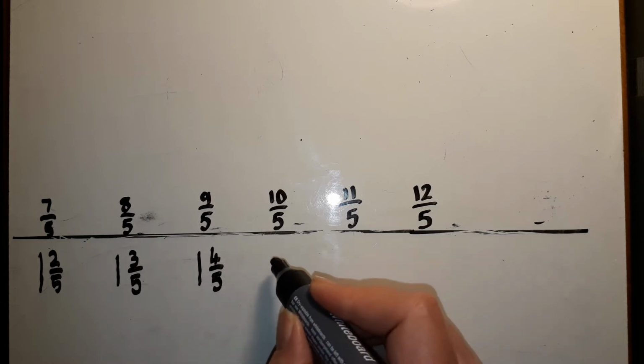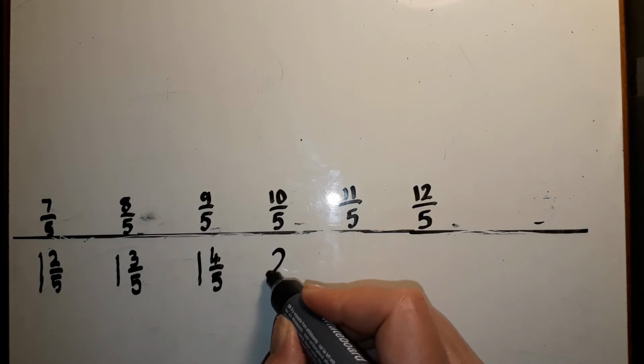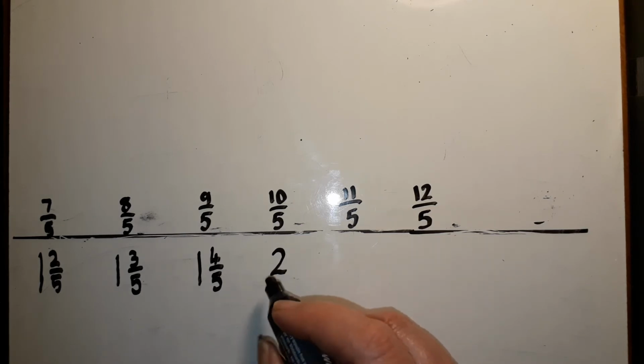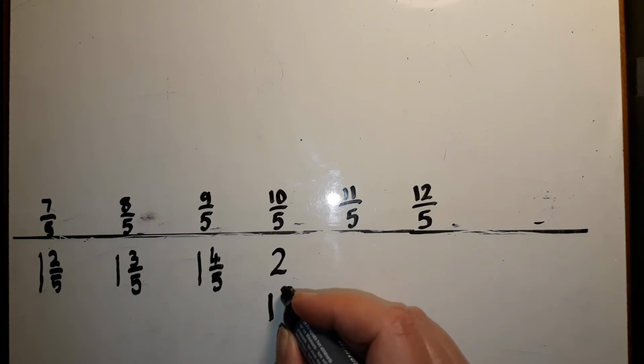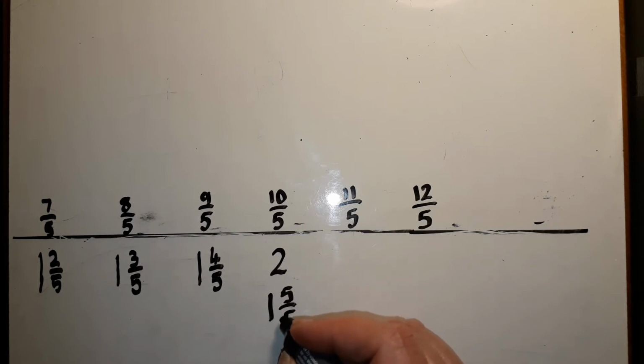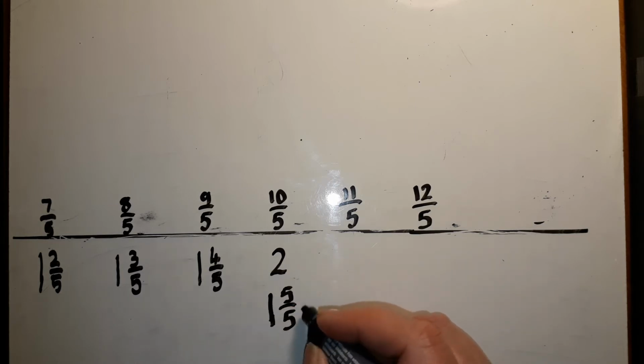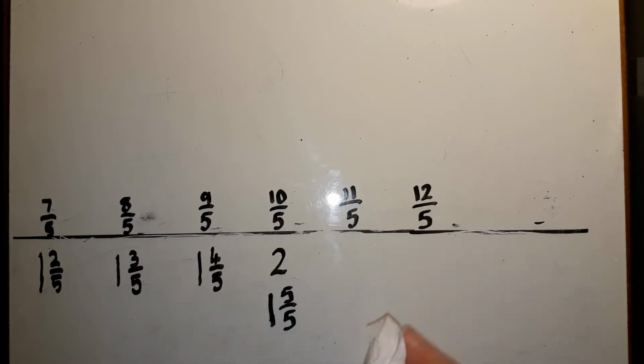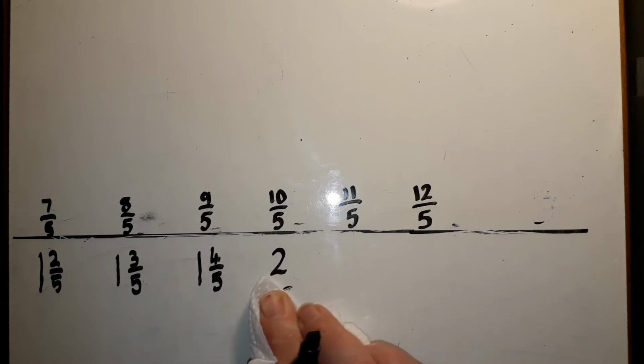So here it will be 2. If you end up writing 1 and 5 fifths, 5 fifths there is the same as 1, so you must write it as 2 whole ones.